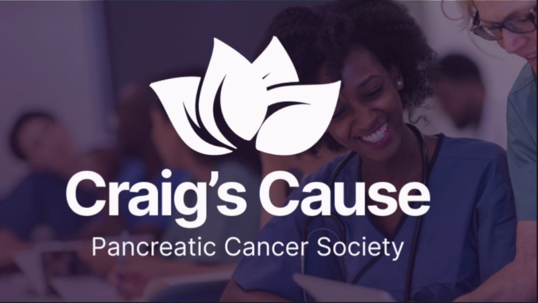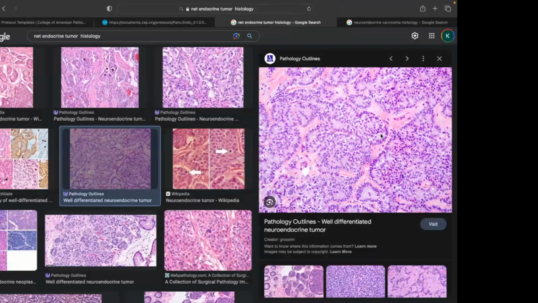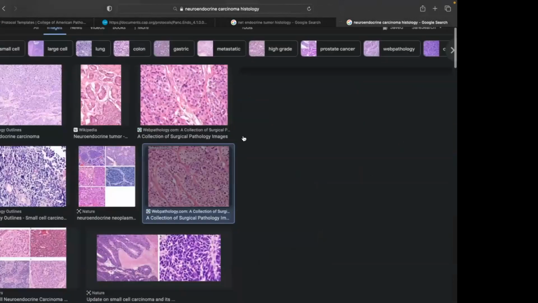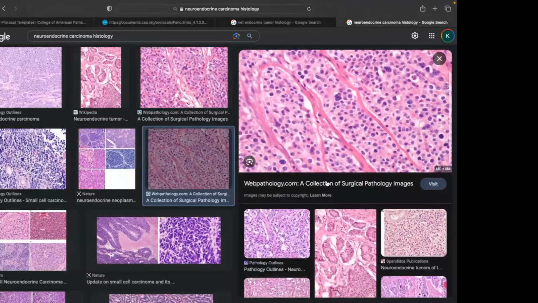It has this salt and pepper chromatin, whereas a neuroendocrine carcinoma does not. Okay, so this is a neuroendocrine tumor. Do you see how nice and organized it is in comparison to a neuroendocrine carcinoma, which is a bit more blobby?